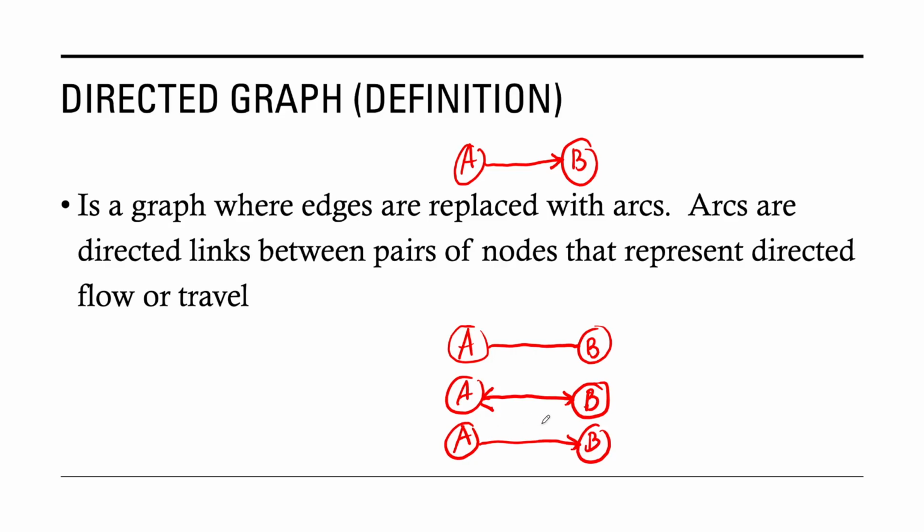Now, for our purpose, for the discussion on network models, we will just simplify that these two mean the same thing. When we have an edge, so it's a line segment, we usually mean that the connection between the two is two-way, and therefore we don't need to put the two arrows. The only time we will need to put an arrow is if the direction is one way, either going to B or going to A.